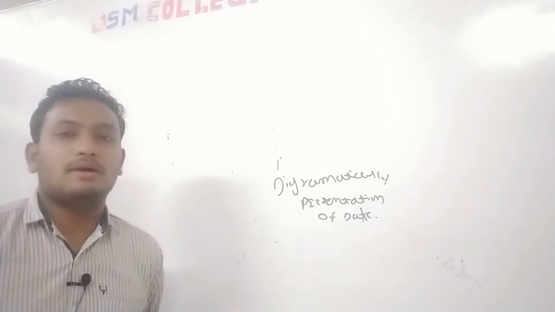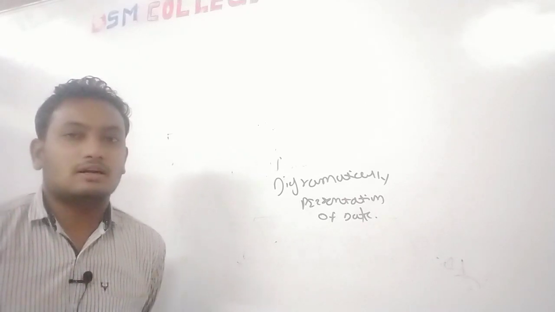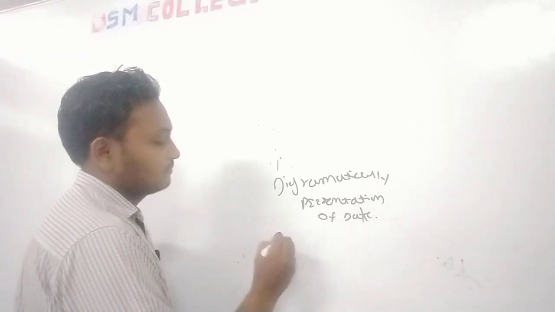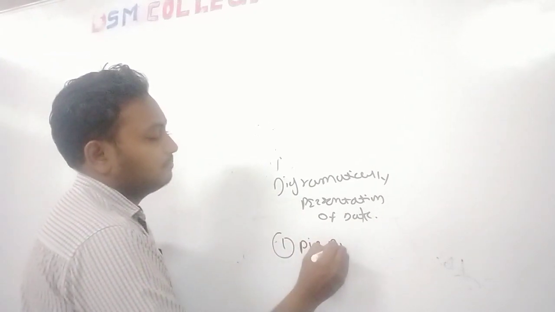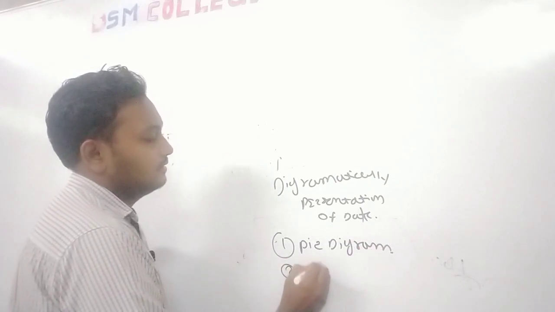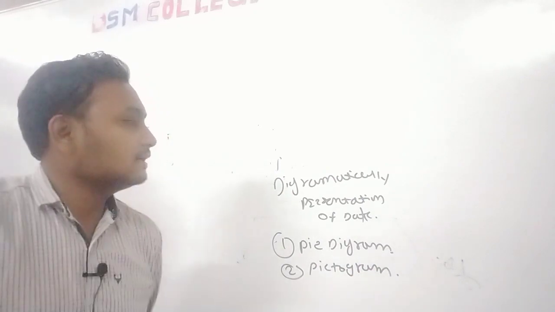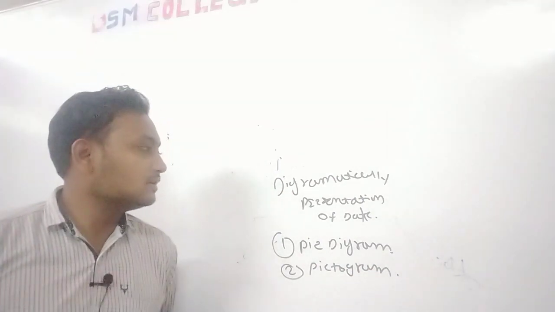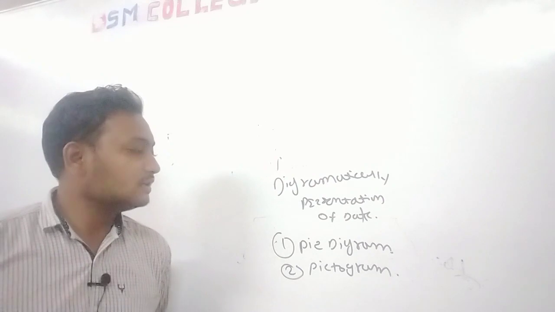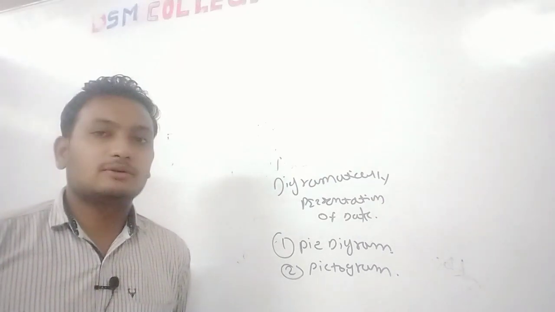There are mainly two types of diagrammatical presentation of data: the pie diagram and the pictogram.